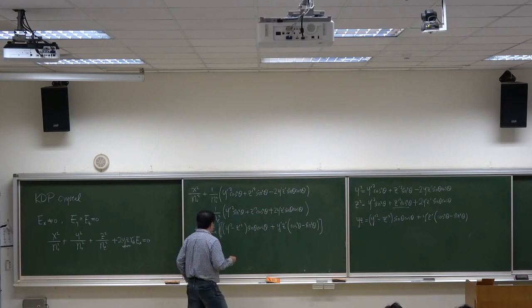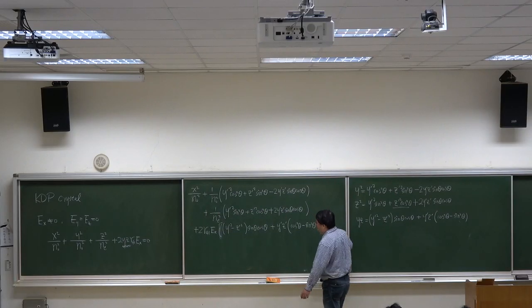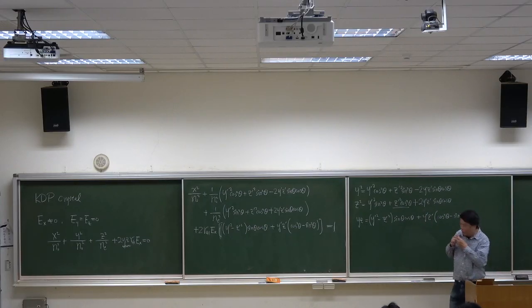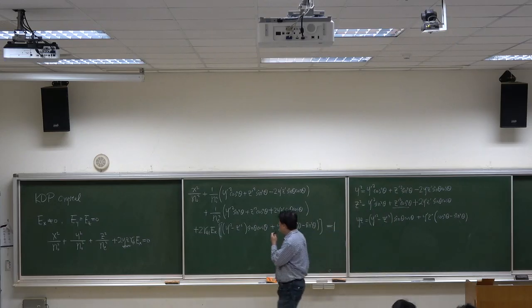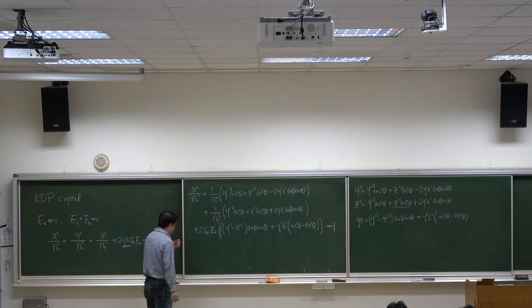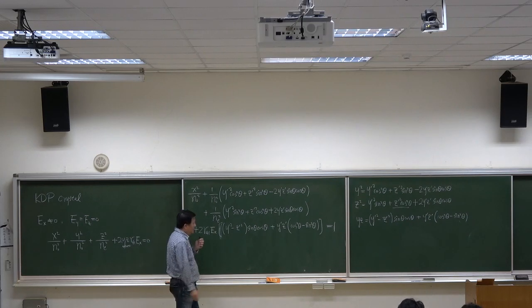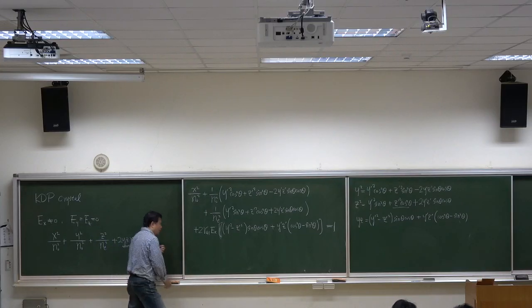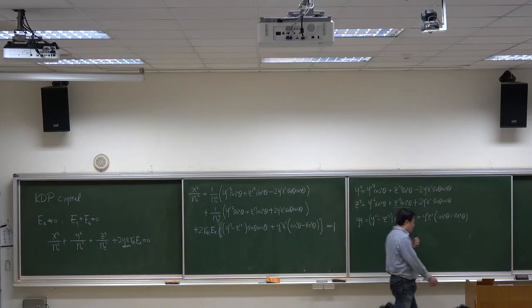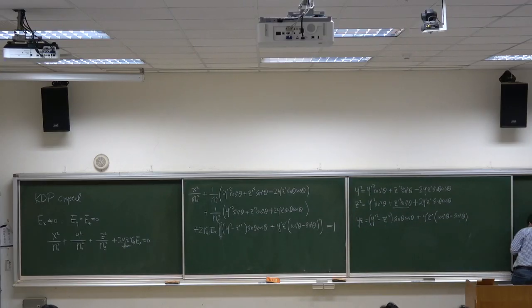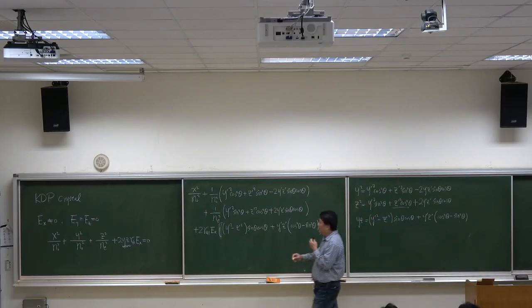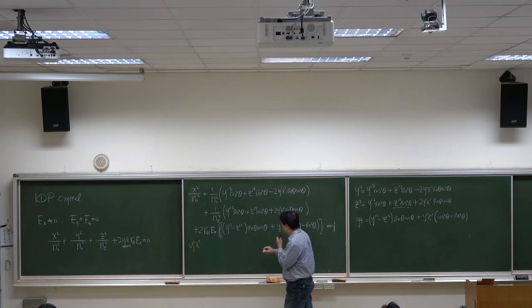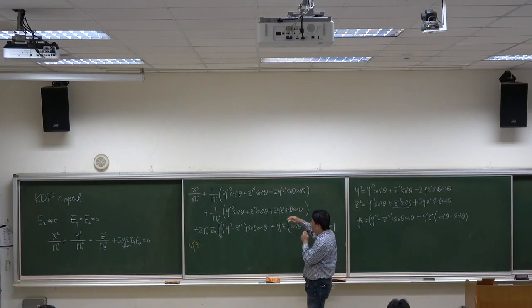These terms add up to 1. So we now collect the cross terms. We now collect the cross term of this form, the coefficient of y prime z prime.